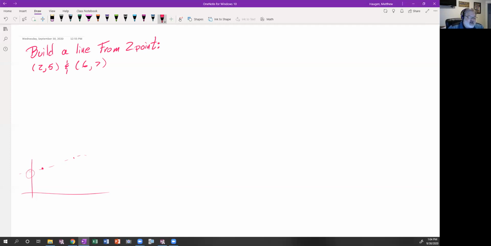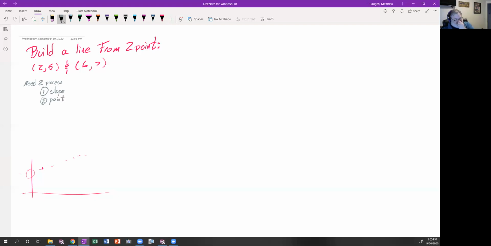So to build a line from any information, we need 2 things. We need 2 pieces to build a line. We need a slope, and we need a point.